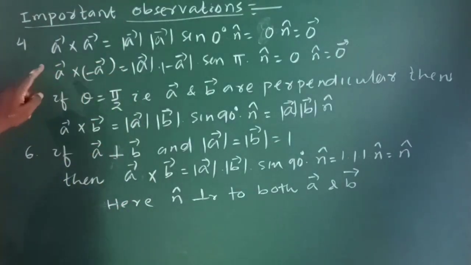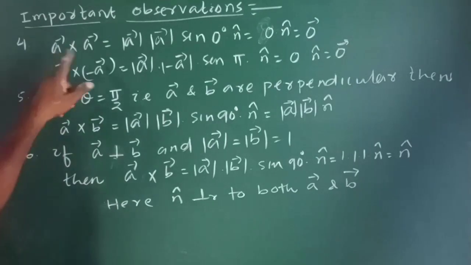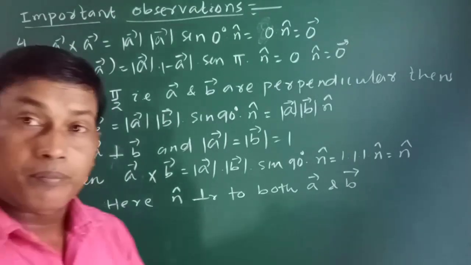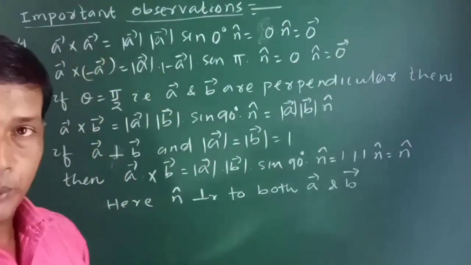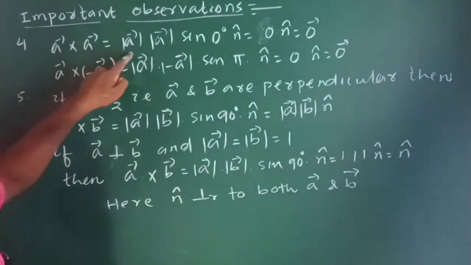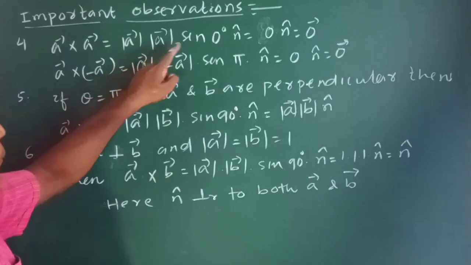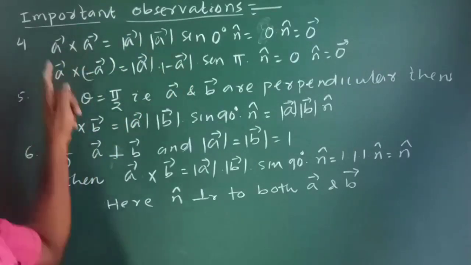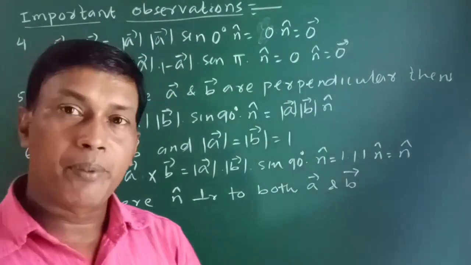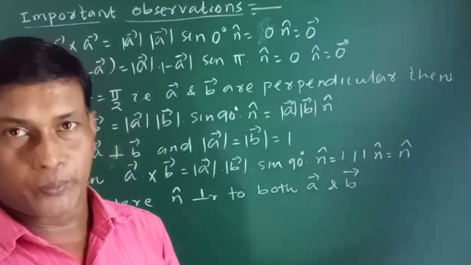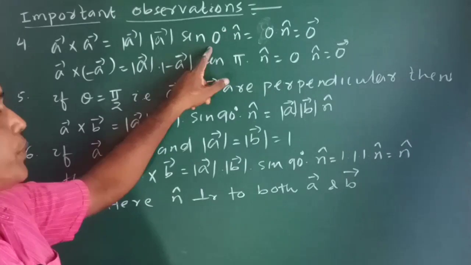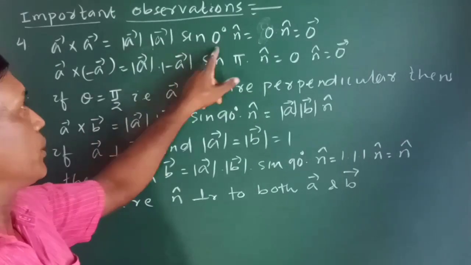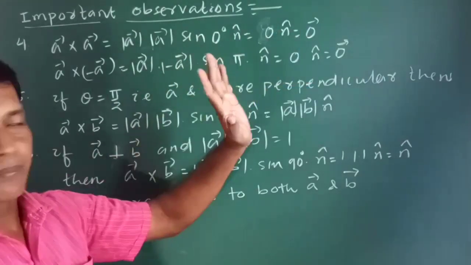Now A cross A. Applying the definition of cross product, magnitude of A into magnitude of A into sine of the angle between A and A. The angle between a vector with itself is 0. So sine 0 into n cap, but sine 0 is 0, and 0 into n cap is 0 vector.